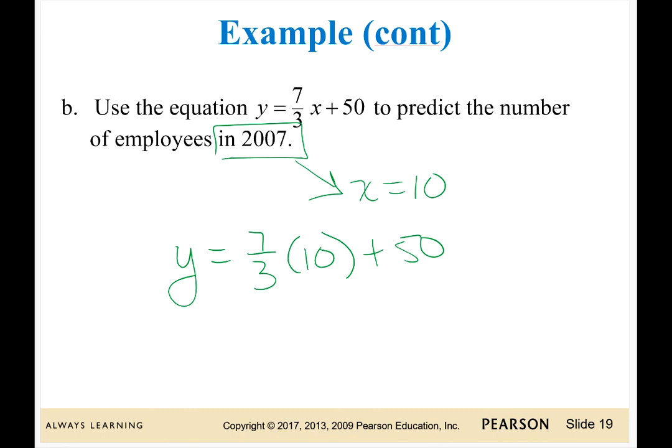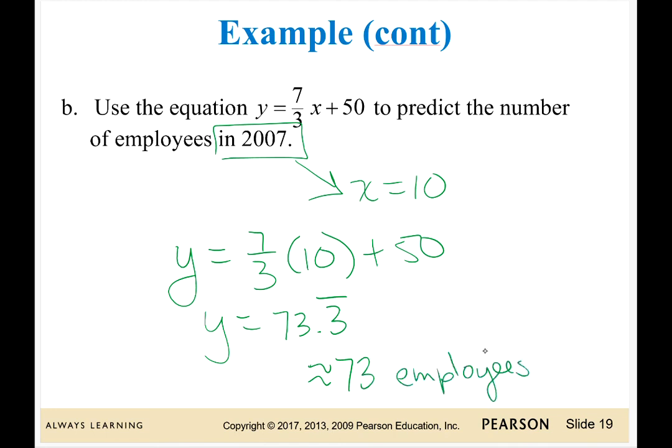All right, so I plugged it in my calculator and I get 73.333333. Okay, now you can't have 0.33333 of an employee, so you have about 73 employees, and that's what that little squiggly equal sign means. This means approximately. We have approximately 73 employees in 2007 based on this model.